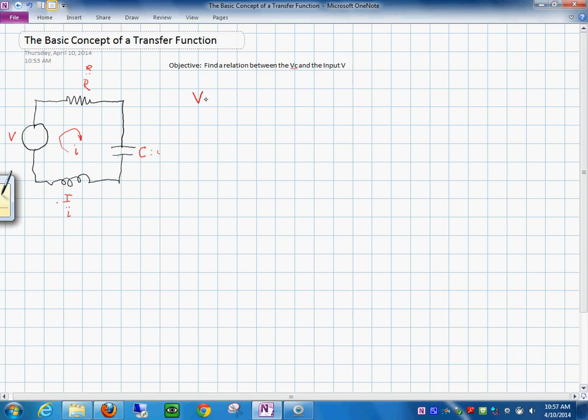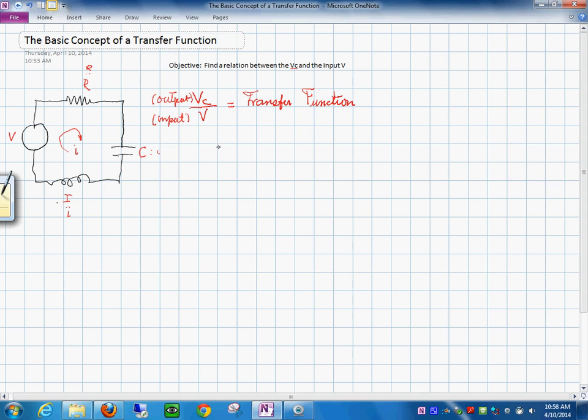So the relationship V sub C in relationship to V, this is called a transfer function. This relationship is between the output, this is the output, and this is your input.